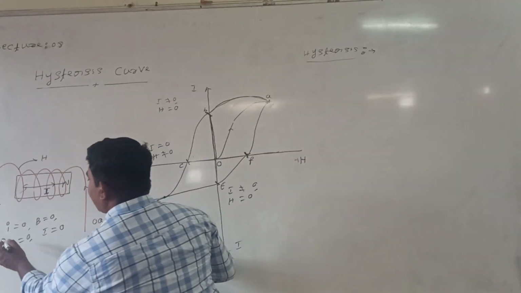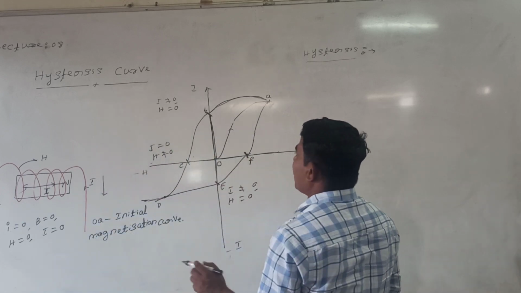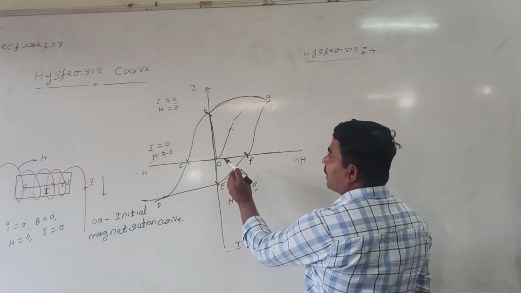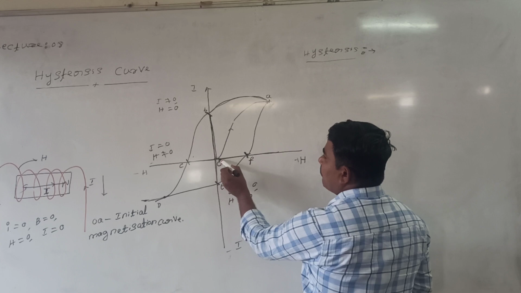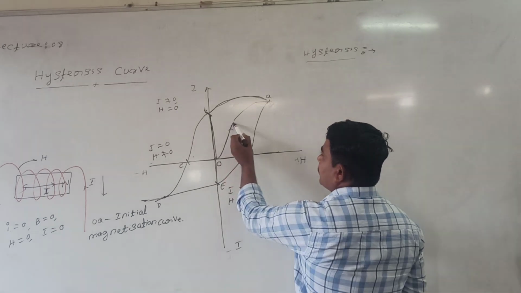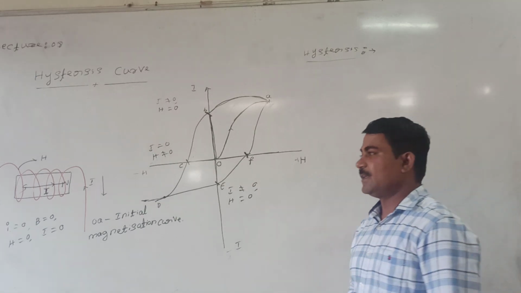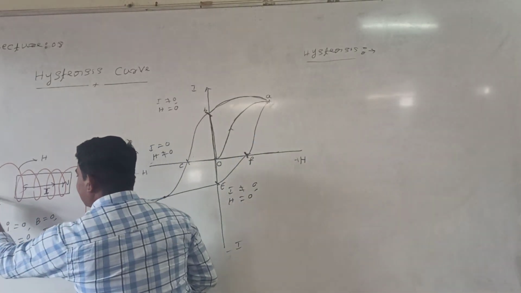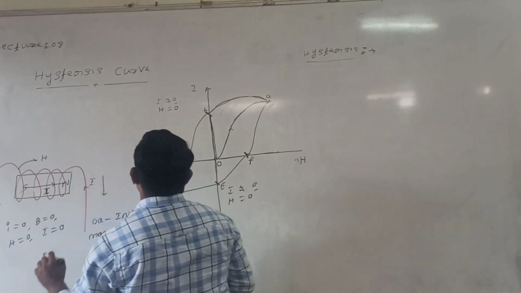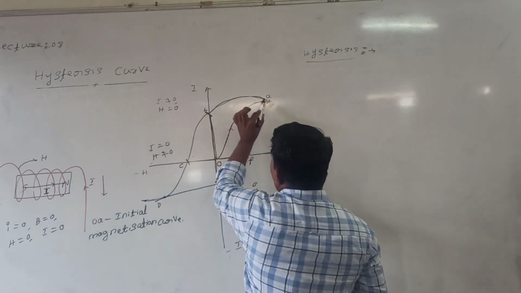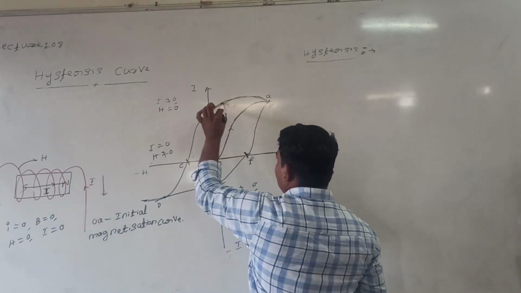See here. When current increases in one direction, how do the magnetic intensity and magnetization vary? They will follow this path around this curve, right? If you decrease the current, how does the curve follow? The curve follows the path AB.